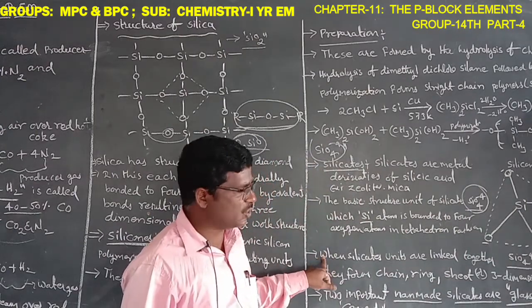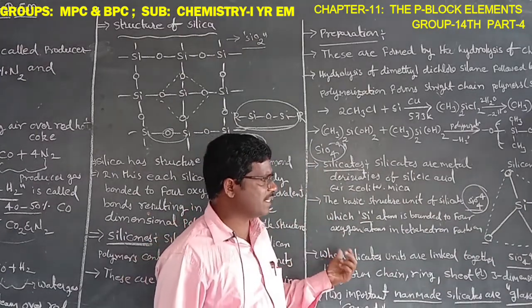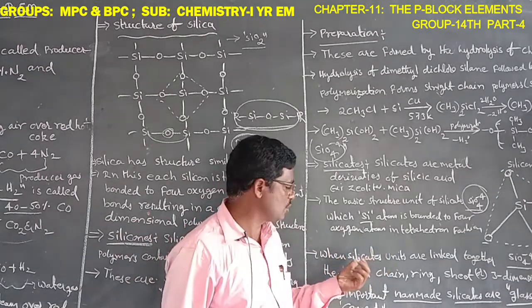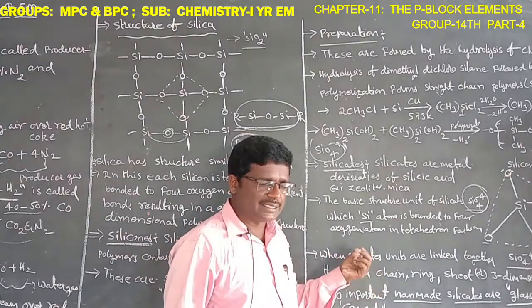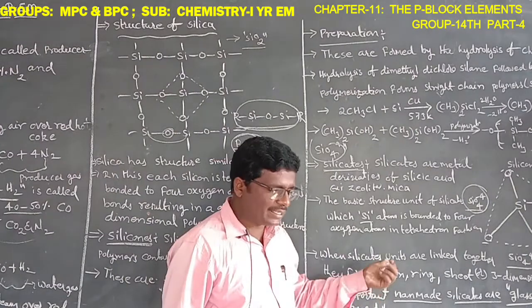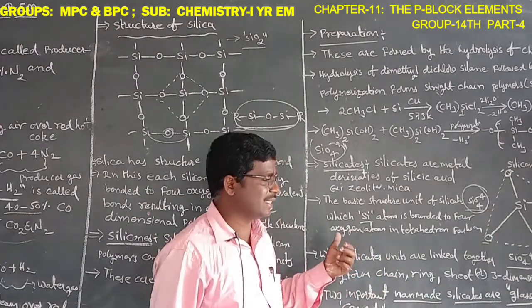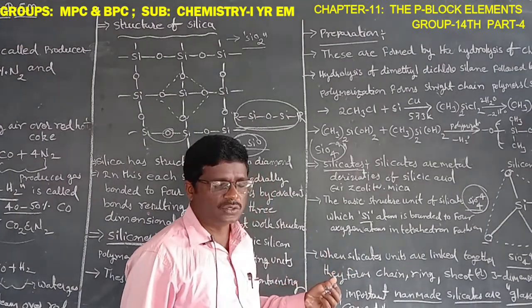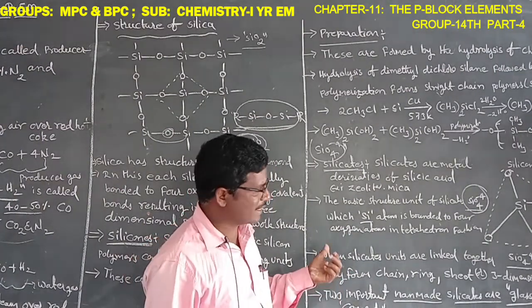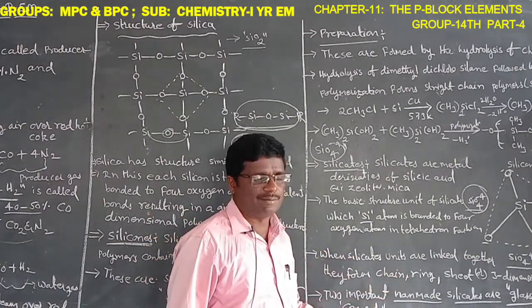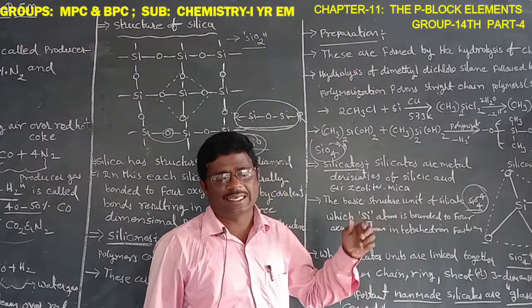When silicate units are linked together, they form chain silicates, ring silicates, sheet silicates, or 3-dimensional silicates. Next, two important man-made silicates are glass and cement. That is the importance of silicates.